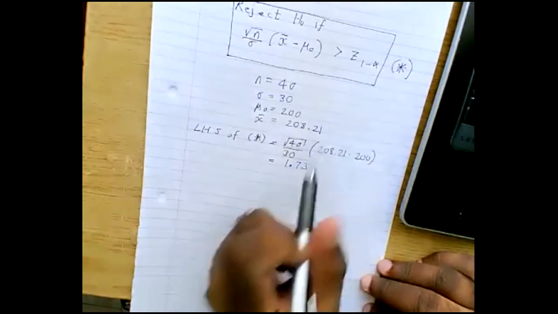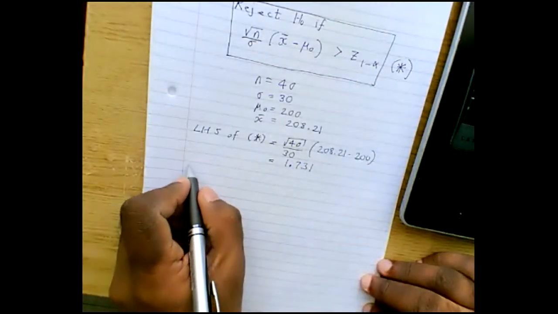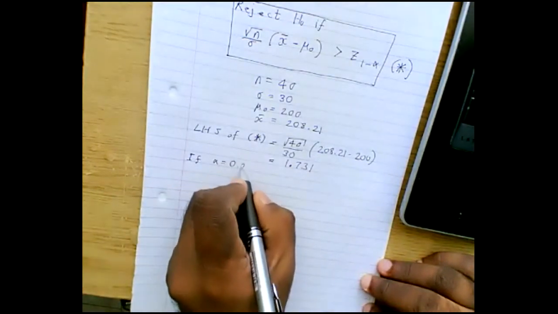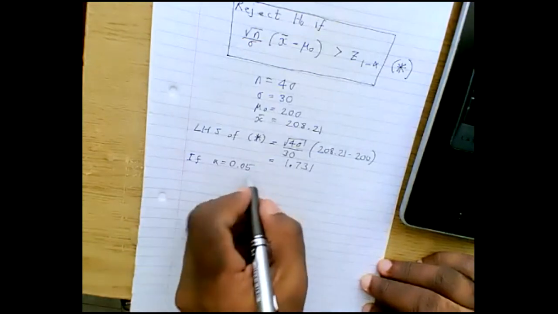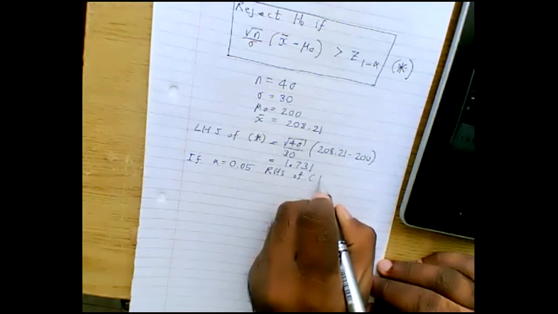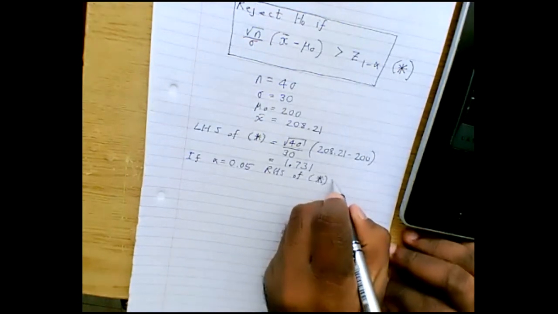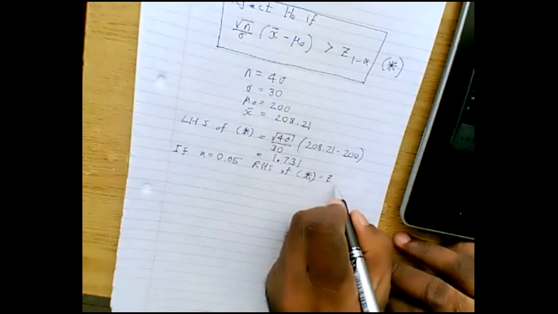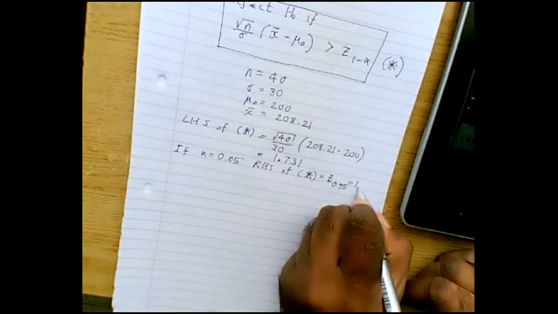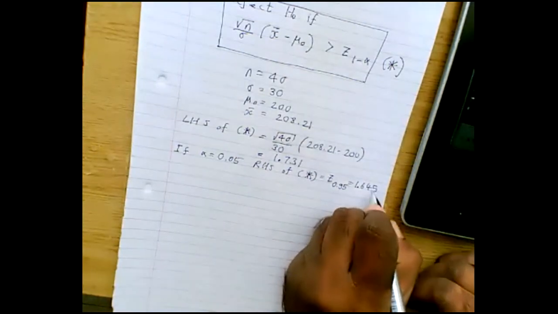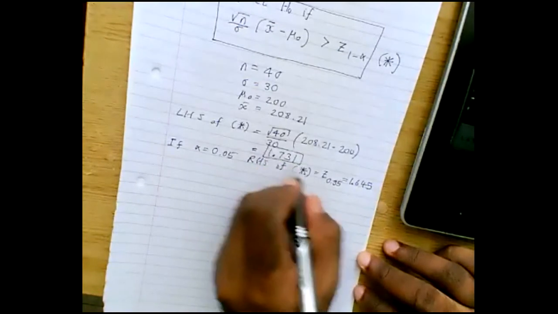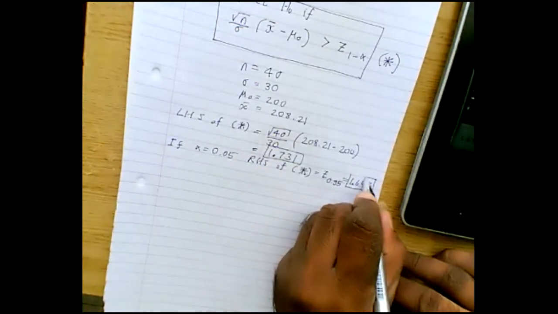The right hand side, okay, in order to compute the right hand side, we need to consider different values for alpha. So suppose first alpha is 0.05, right? Okay, in this case, the right hand side is going to be Z 0.95, right? And this is 1.645. Okay, so this is the left hand side, 1.731, and this is the right hand side.